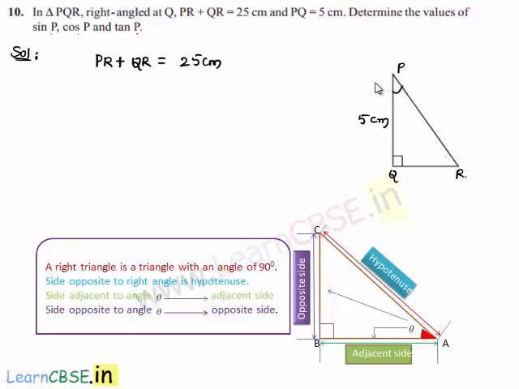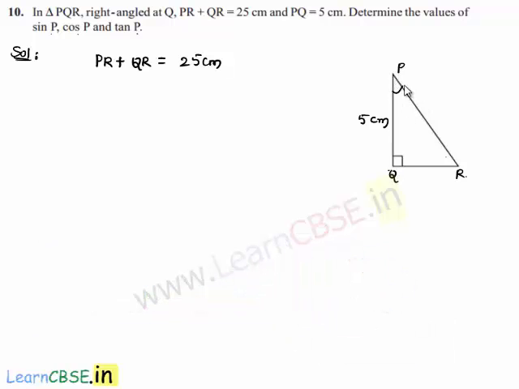In order to determine the values of sin P, cos P and tan P, we need to find the sides QR, PQ and PR.